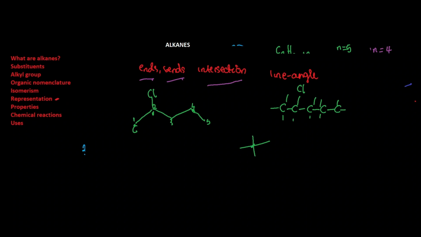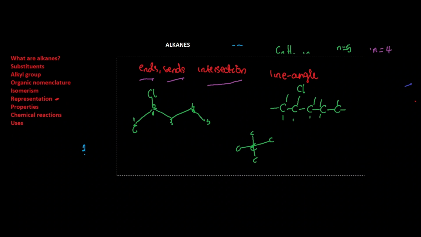In a case where we have an intersection like this, it is interpreted as a carbon atom that exists here. And since we have an end here, there's a carbon there, a carbon here, a carbon here, and a carbon here for those 4 ends respectively.